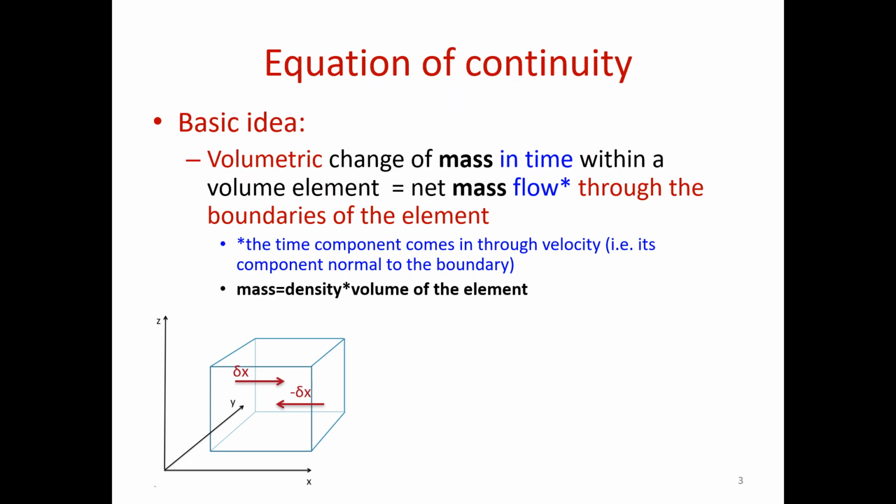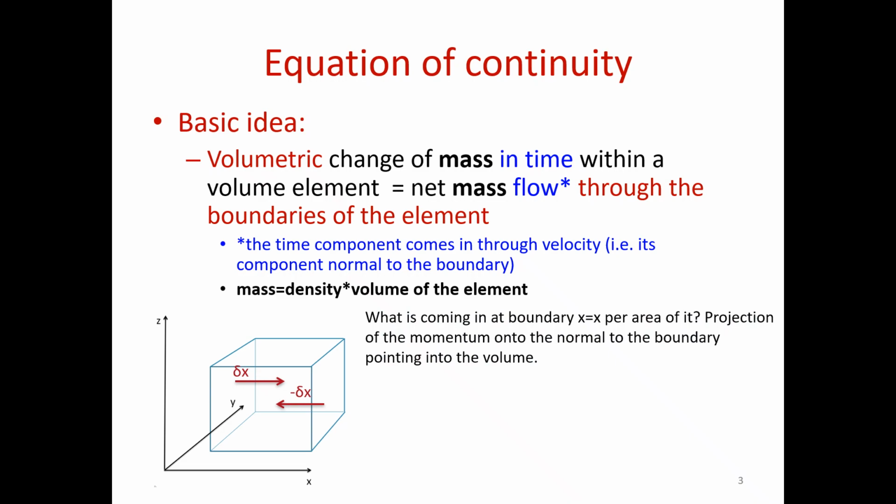Now, if I have fluid at velocity v, the way I measure what's traveling with that velocity is rho times v, so mass density times v. I look at rho v and project it on the boundaries.